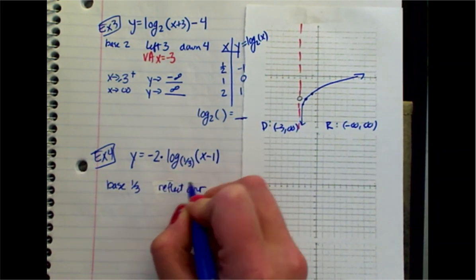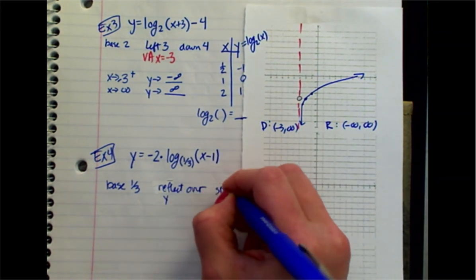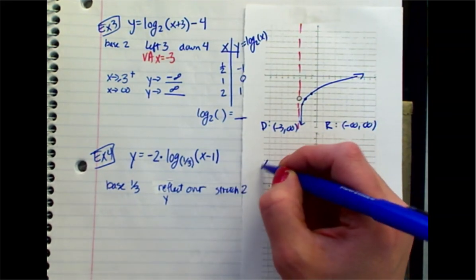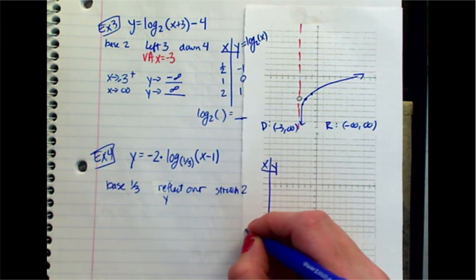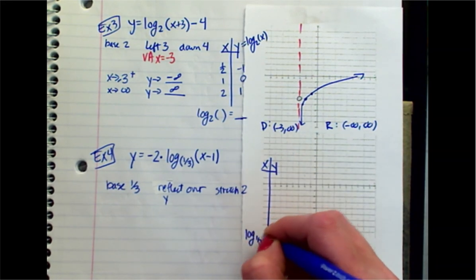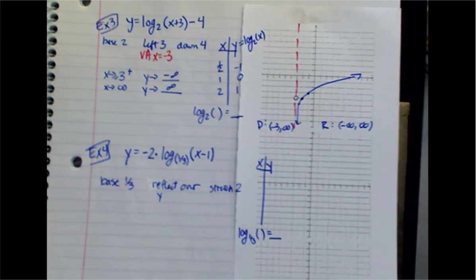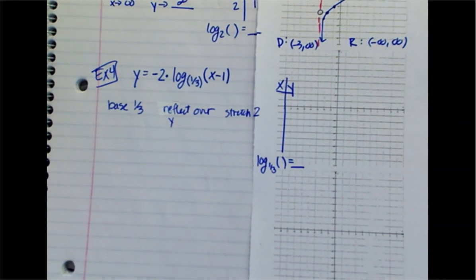Reflect over y. Stretch by 2. Log base 1/3. Okay, that's what I'm doing. Get a few points, put them on the graph.